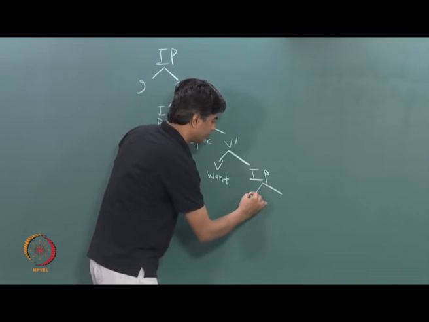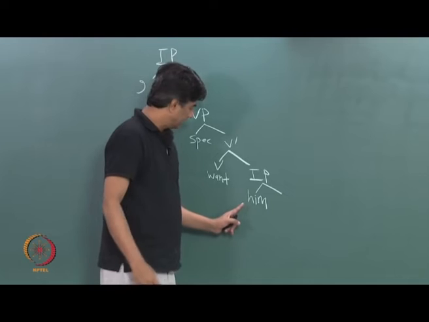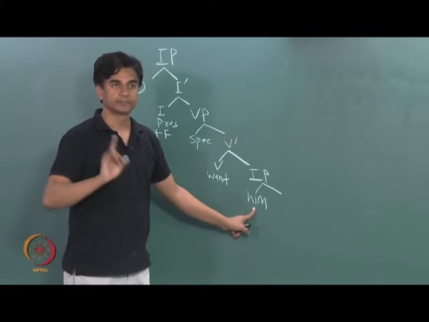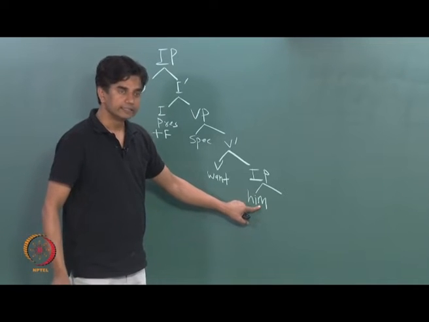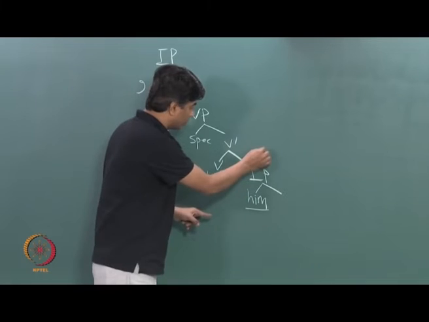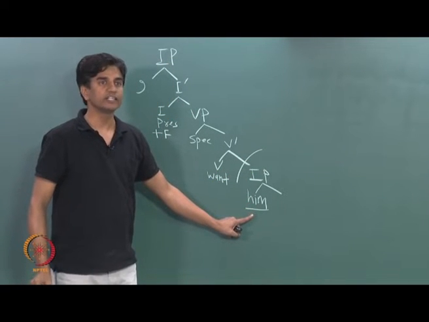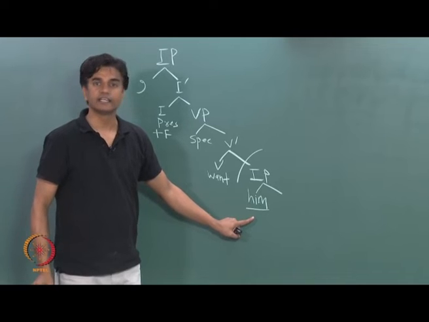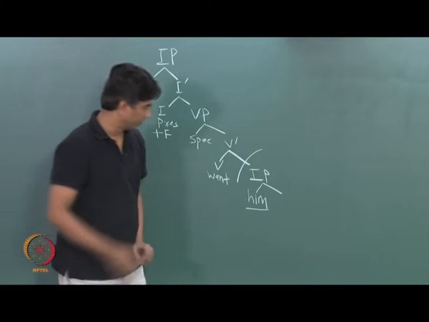So here is your him or John. I am putting him for a specific reason, that I want you to see that this NP in the subject position of the lower clause is not getting a nominative case, it's getting an accusative case. You see this thing? So hold on.